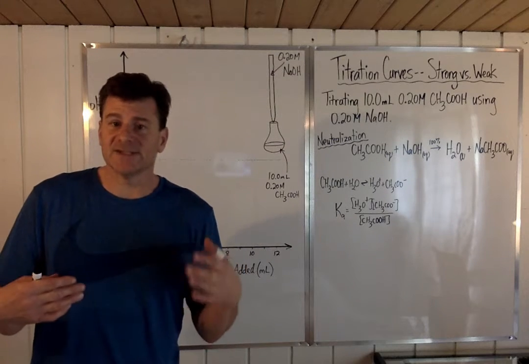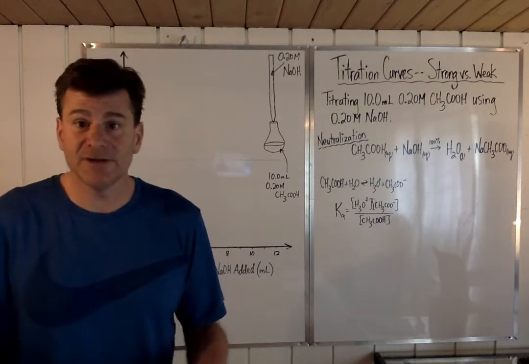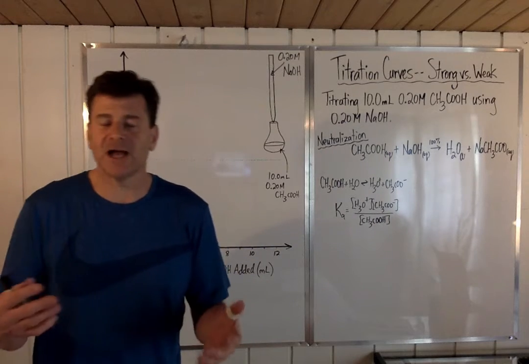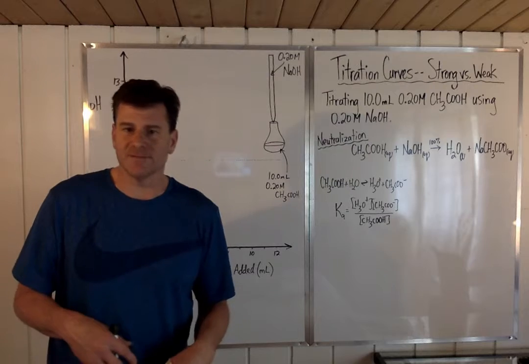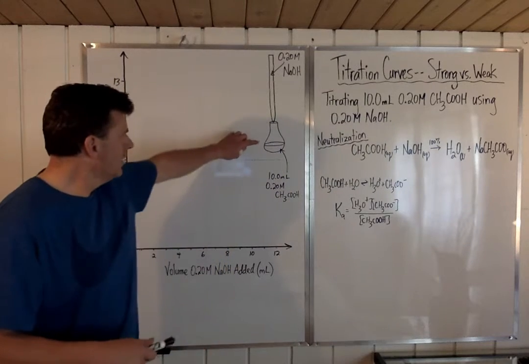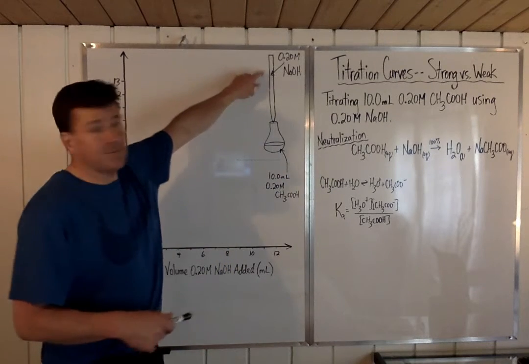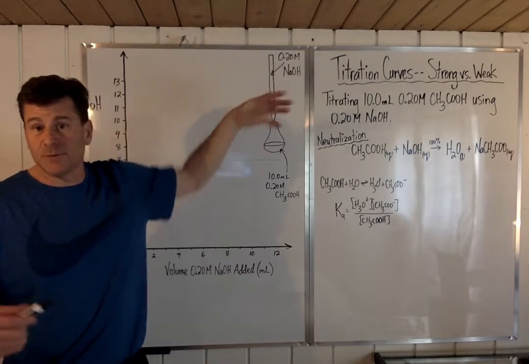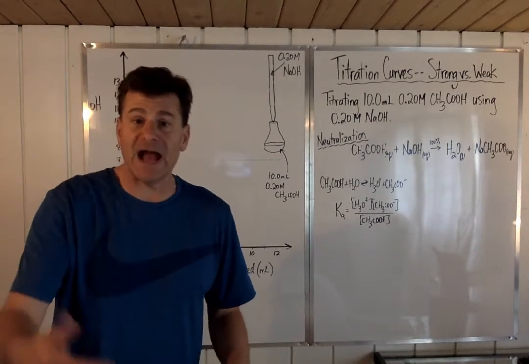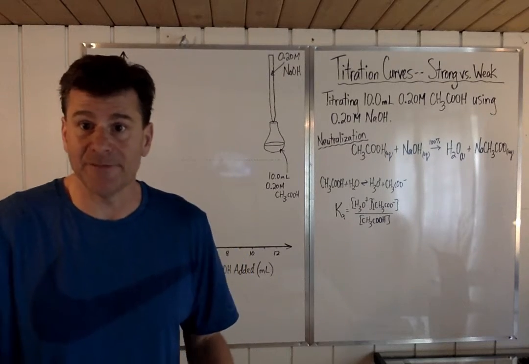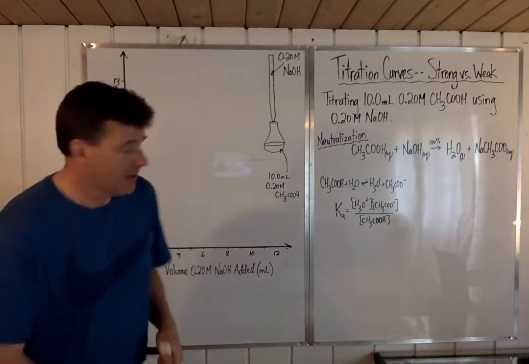So I guess it's not necessary to have the phenolphthalein, but oftentimes you do, just so you know when you've hit equivalence, so you know when you can stop. So that would be down here, and then up in the burette is where the sodium hydroxide would be, and we'd be adding it. Because we're doing a titration curve, you'd probably be adding it at, I don't know, half mL increments or something like that.